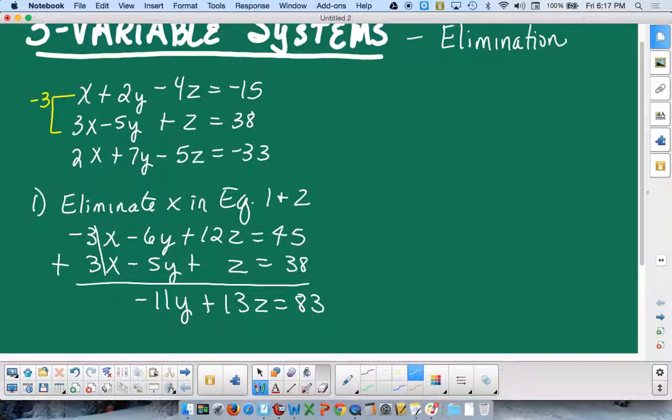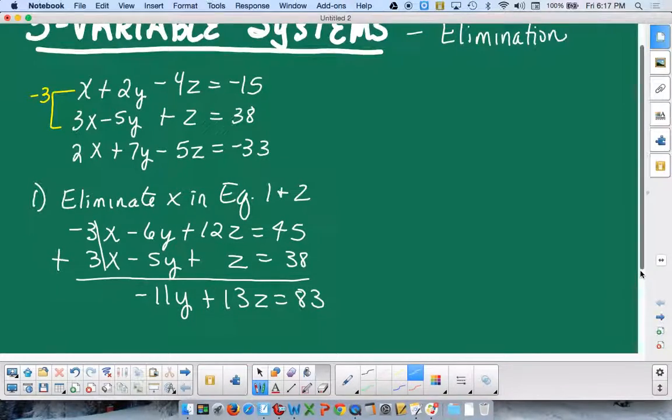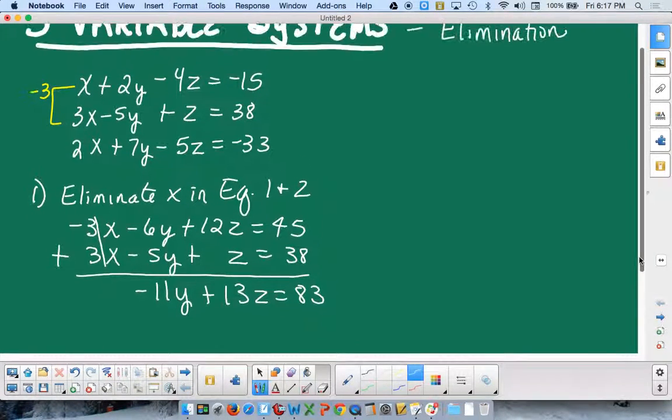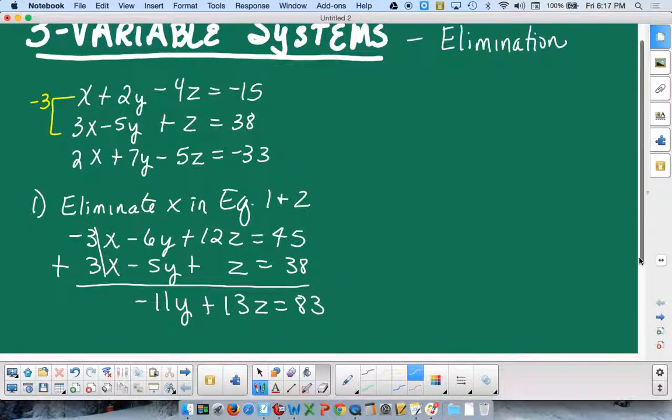Now, you may or may not remember this. When you go to do it again, I would like to eliminate a y or a z now, but I can't eliminate y and z because I don't have a second equation. So you must go back. Your second step, you must go back and eliminate the same variable again.